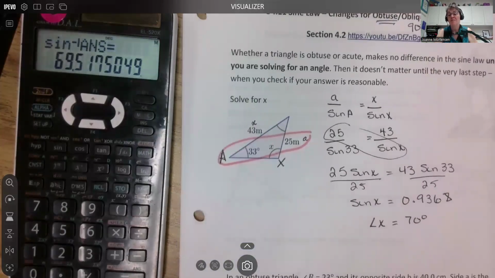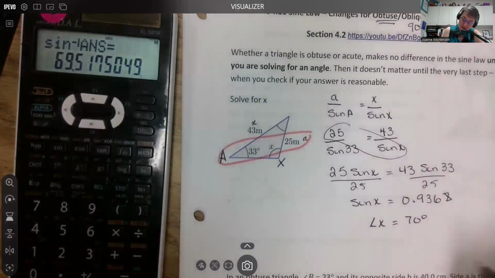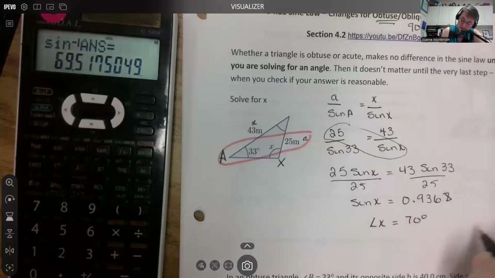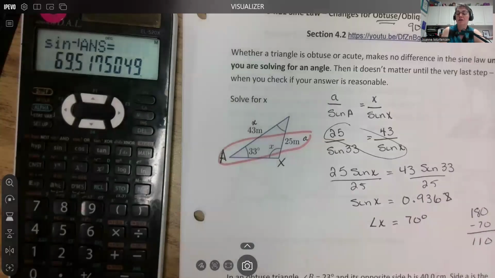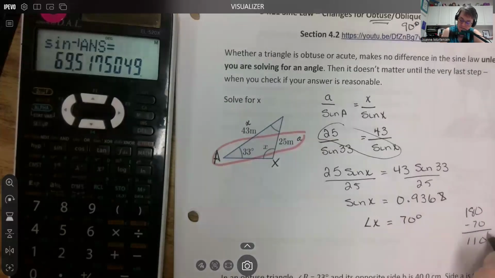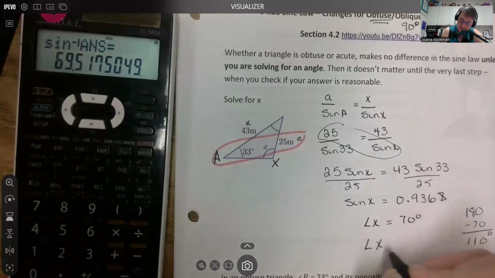So probably not 70. So let's figure it out. All you do is 180 minus 70. Look at that, witchcraft. Did it without a calculator. So angle X is equal to 110 degrees.